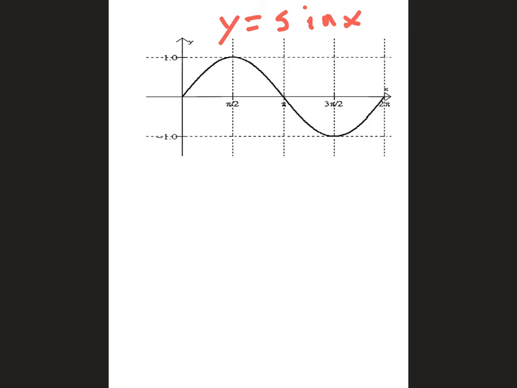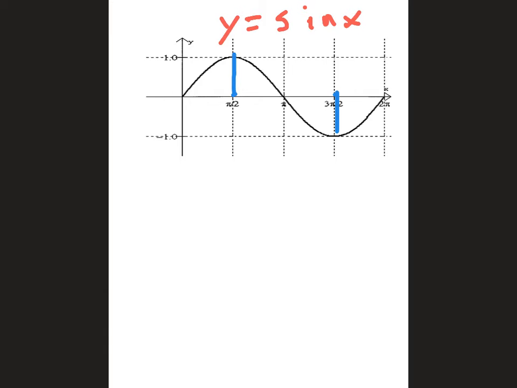Now the amplitude of a sine graph, and really the same thing for a cosine graph, is going to be the distance from here, the x-axis, to a maximum. Or it could be the distance from the x-axis to a minimum. Notice that that distance is the same. So in this case, the distance from the x-axis up at pi over 2 would be a distance of 1.